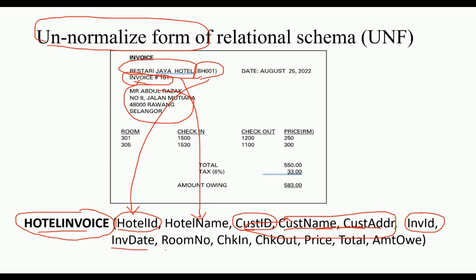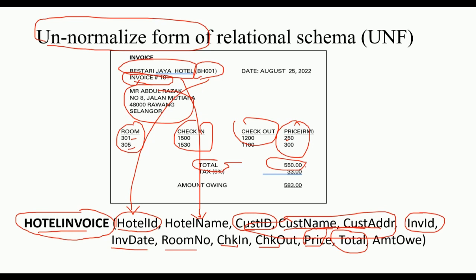And the invoice date, room number, this is the room, we have room number 301 and 305. Check-in information, checkout information, this one. And this is the price for each of the rooms, 250 for room 301, 300 for room 305. The total is this one, the total 550, right?